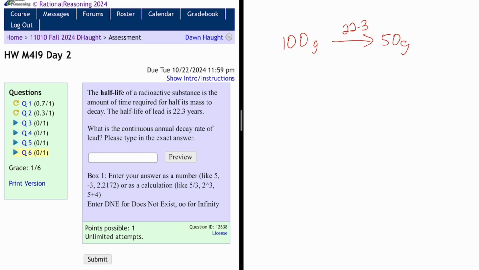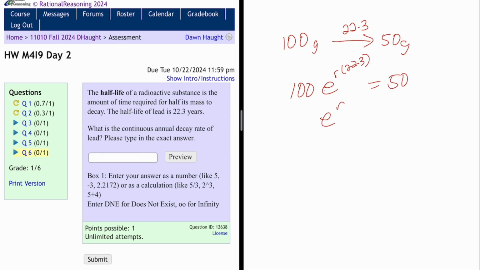So it could be any two amounts. I like using 100. 100's helpful. And so what I know is that if I start out with 100 and I go e to some rate, the negative will pop out in the formula, at a time of 22.3 years, I should end up with 50.